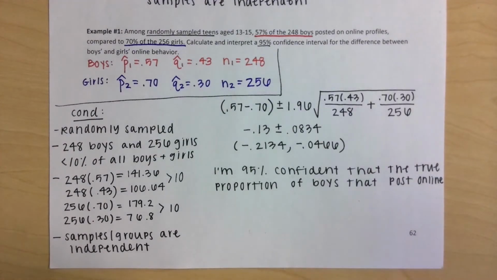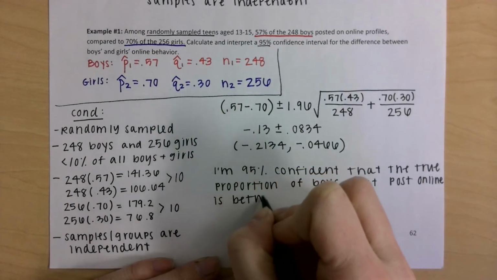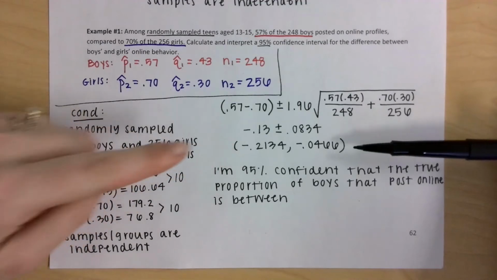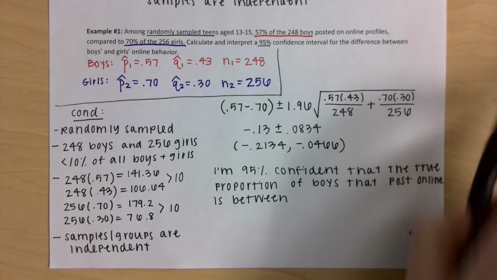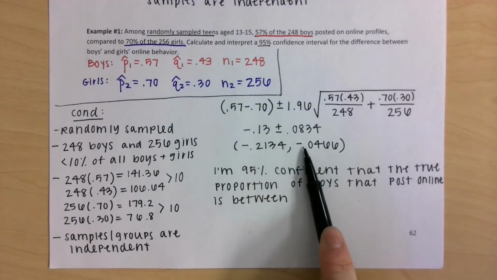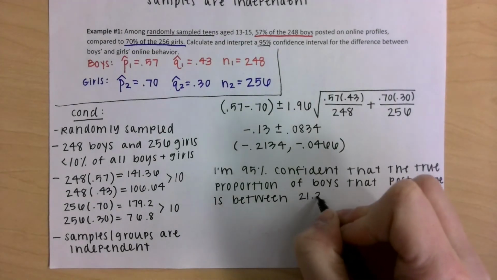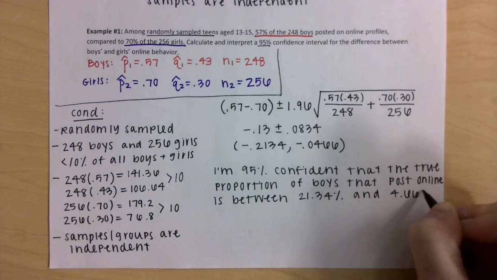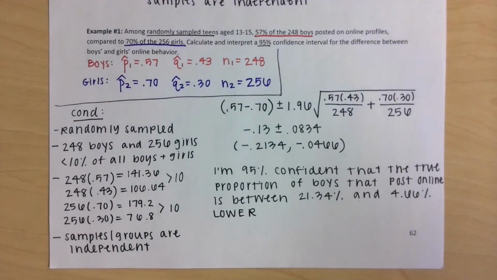So I'm 95% confident that the true proportion of boys that post online is between, now I have two negatives here. Okay, what these negatives are, they're not really meaning a negative percent, but what those negatives are telling me is that the proportion of boys posting online is less than the proportion of girls posting online. So I'm going to say is between 21.34% and 4.66% lower. I'm using lower because they're both negative. What is it lower than?